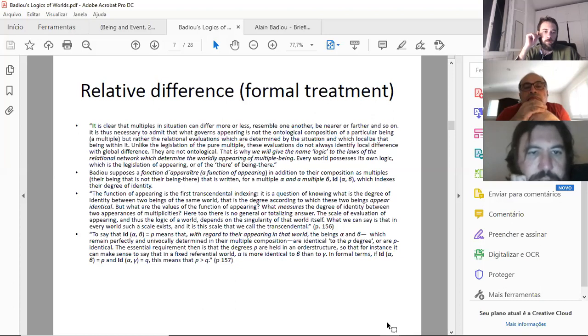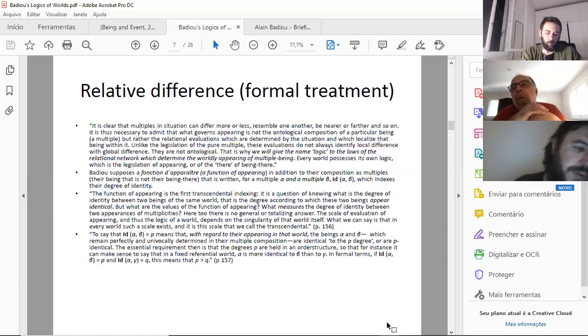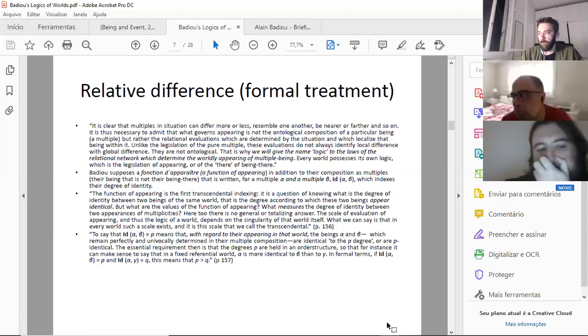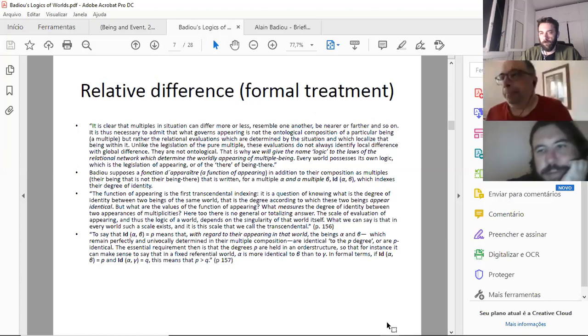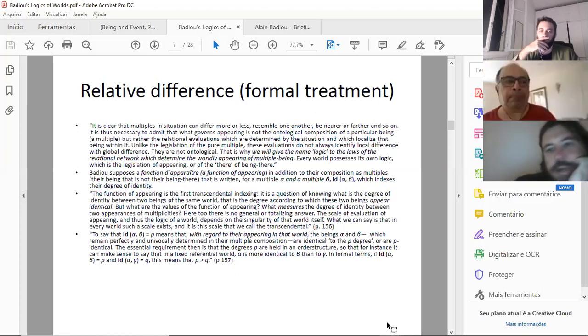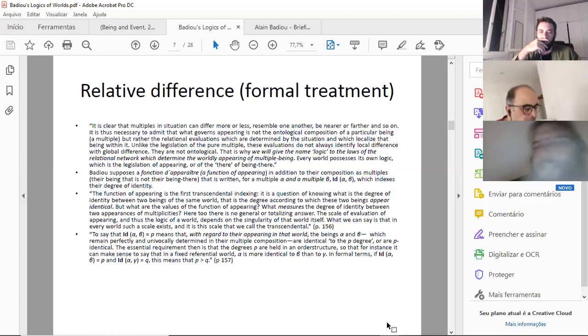They are not ontological. He's making a reference here to the fact that it is also a kind of anticipation of the logic of a classical world, when he says that any local difference within ontology implies global difference. That means one difference of one element, one difference of membership implies that the set is different.